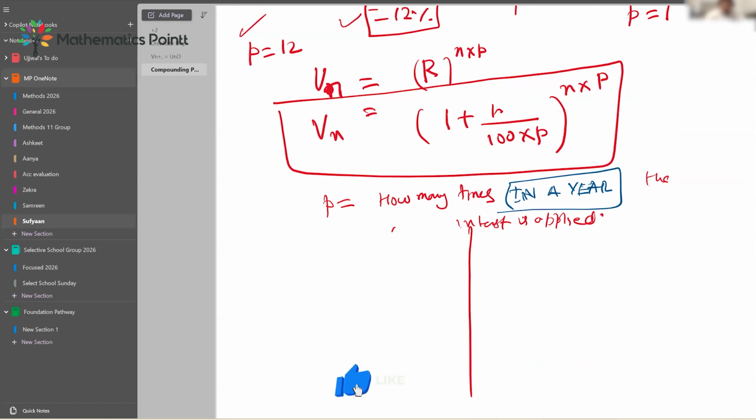What is V1? So N value is 1 because I'm after the end of 1 year. So I'm saying V1 equals, in the brackets, 1 plus 12 over 100 times 12, bracket close, N times P. My N is 1, 1 times 12.